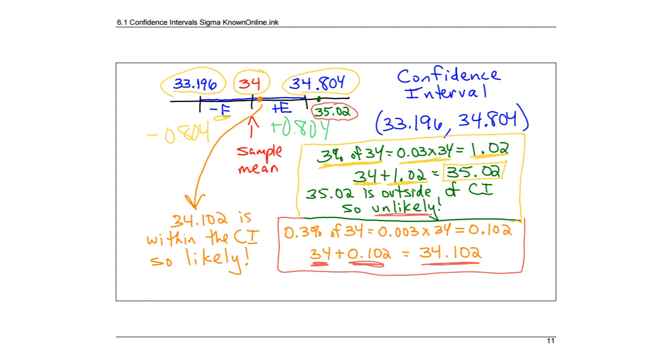It's actually just to the right here of the mean. And so since it is, then it is likely, because we're 95% confident that the population mean is going to lie inside of that confidence interval. So if the population mean ends up being 34.102, then I'm good to go because it's inside that confidence interval.